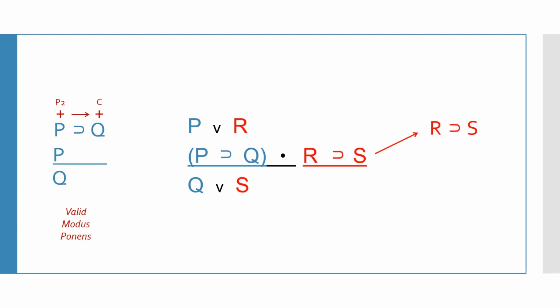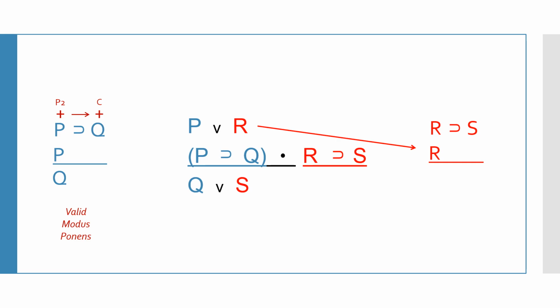And we can do the same thing with the other side. We can tear out the if R then S and place it on its own as its own premise, and then start filling in the rest by appealing to the disjunctive, which was given originally as a first premise.